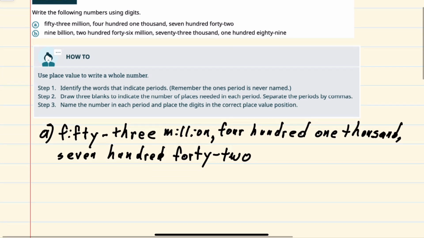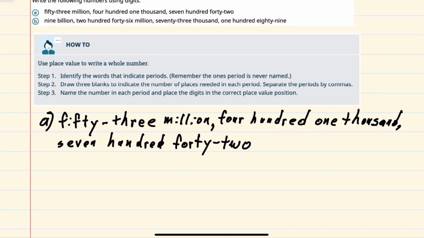For step 1 in these instructions, we're told to identify the words that indicate periods and to remember that the ones period is never named. So our words here are million and thousand. For step 2, we're told to draw 3 blanks to indicate the number of spaces needed for each period and to separate those periods by commas.